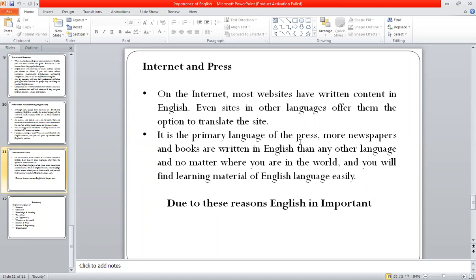These are some of the newspapers which can make your language better. So for betterment of language also, this is very important.